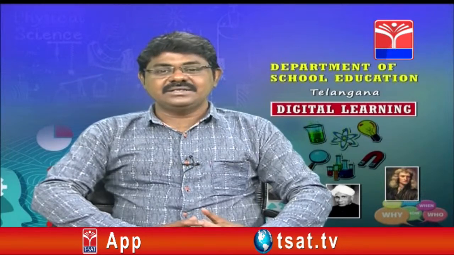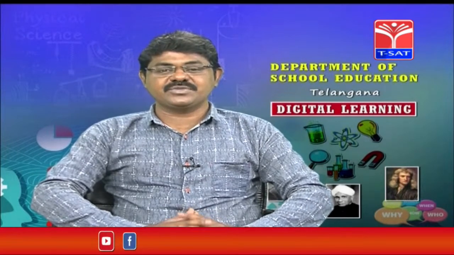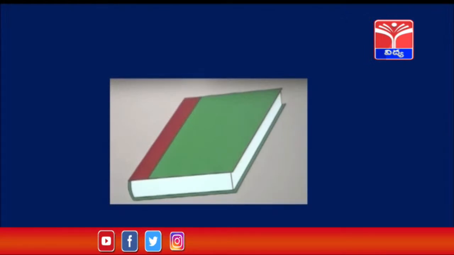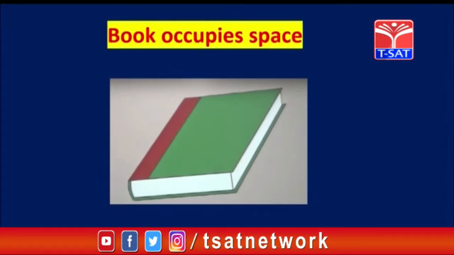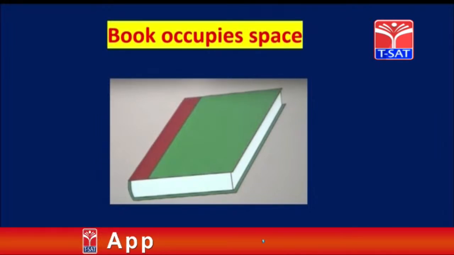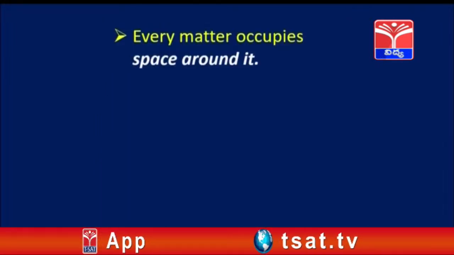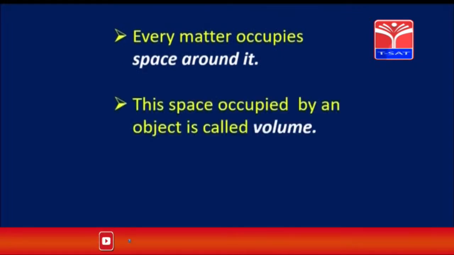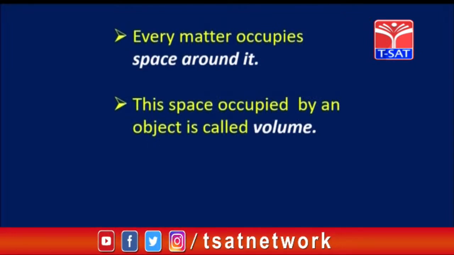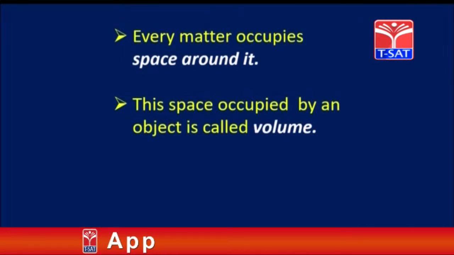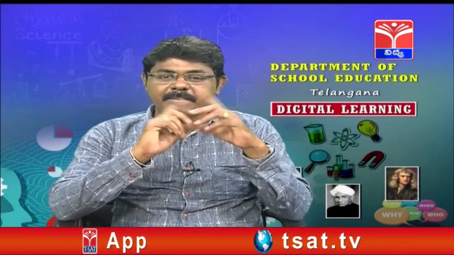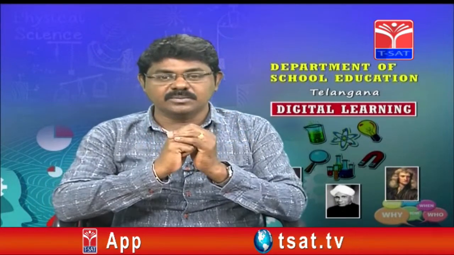Now dear children, what can you observe here? This is a book and it occupies some space. So every object is going to occupy some space. Every matter occupies some space around it, and the space occupied by an object is called volume.